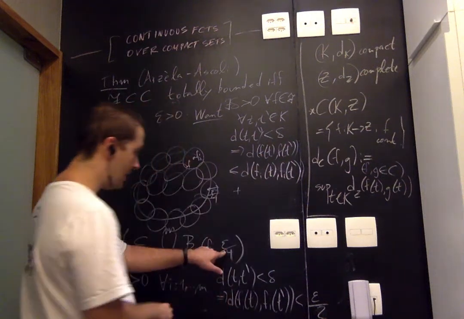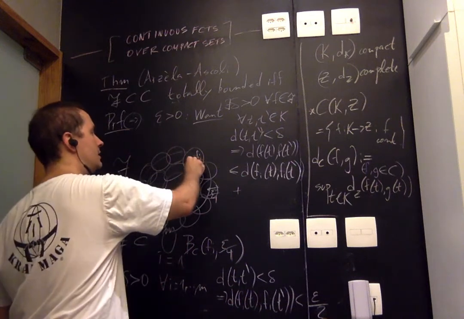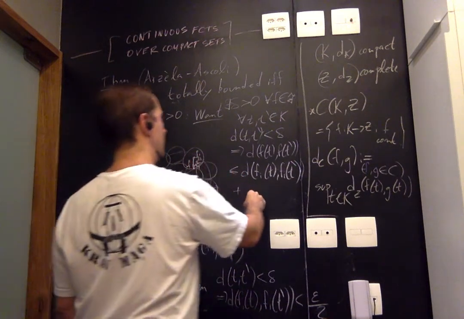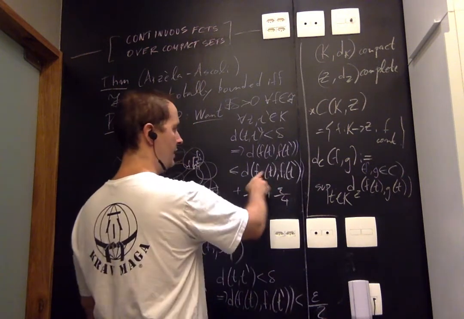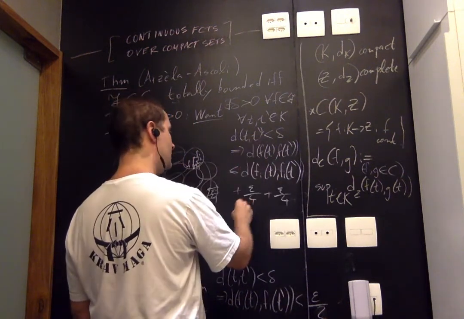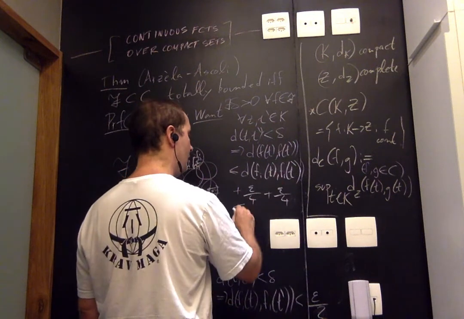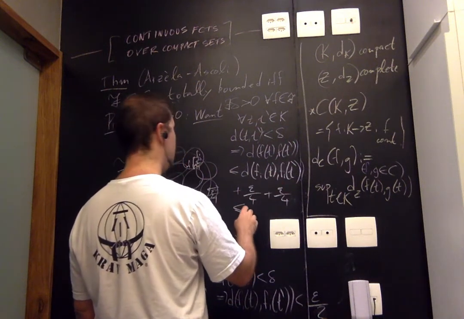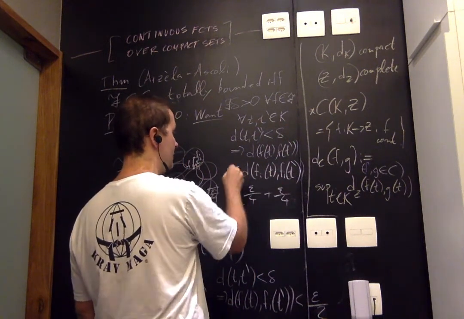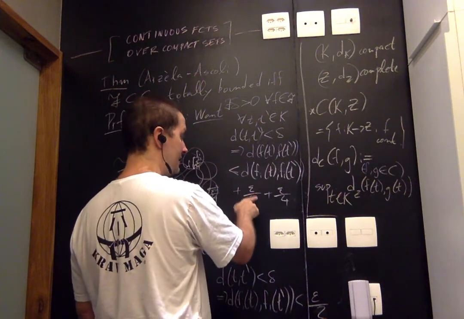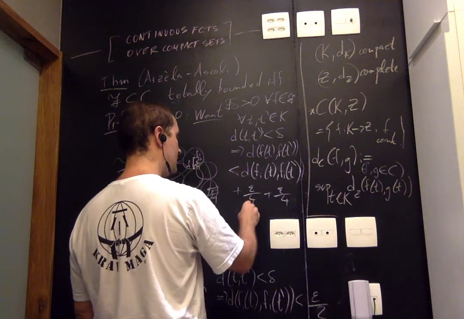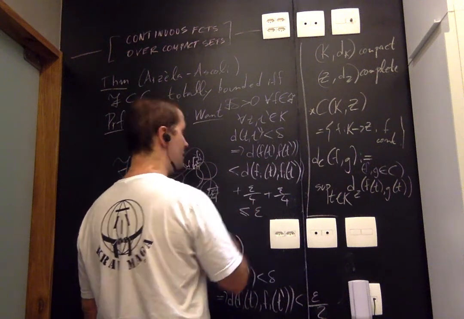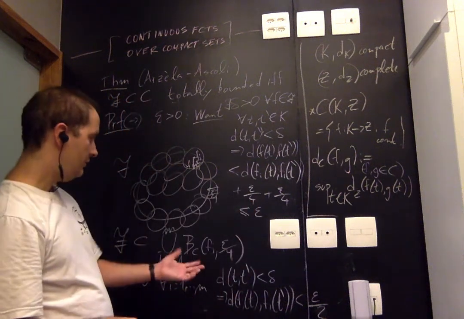And that's at most epsilon over 4, right? This ball has radius epsilon over 4. And then another epsilon over 4. And this guy here, well, I assume this is less than epsilon over 2, therefore this is strictly less, right? Because the distance from f sub i to f is less than epsilon over 4. Therefore, what I just wrote is less than or equal to epsilon. And I've achieved my result.